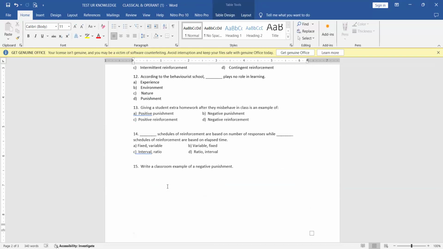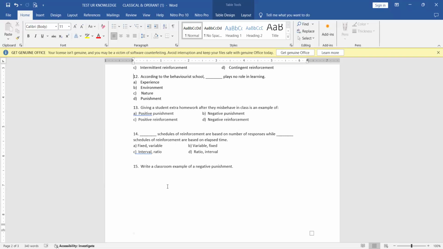It's a bad behavior, so it should be weakened. Negative means you have to remove something from the child, something the children like. So we can say, for shouting in the class, there is the misbehavior.